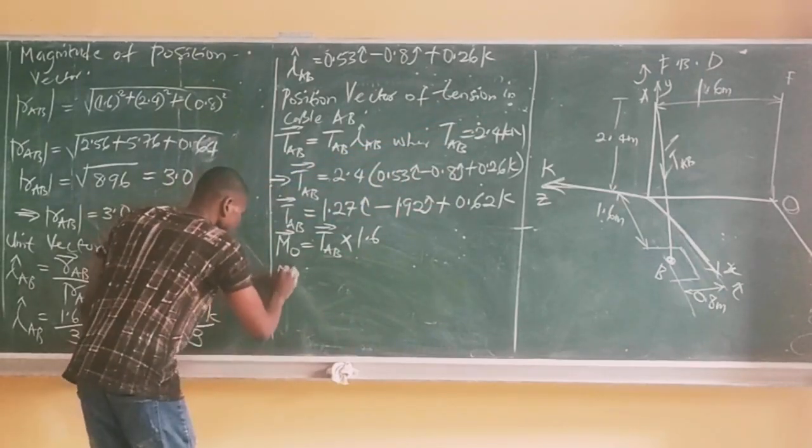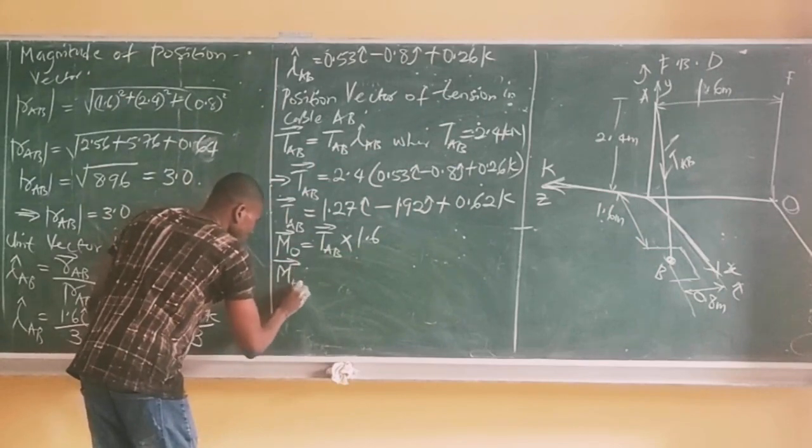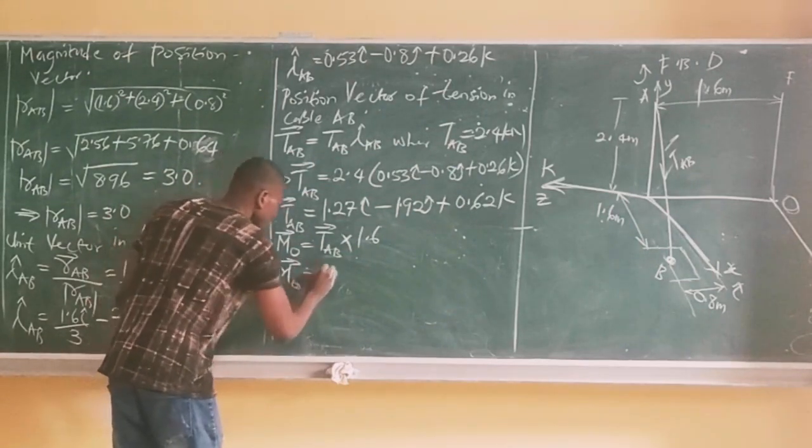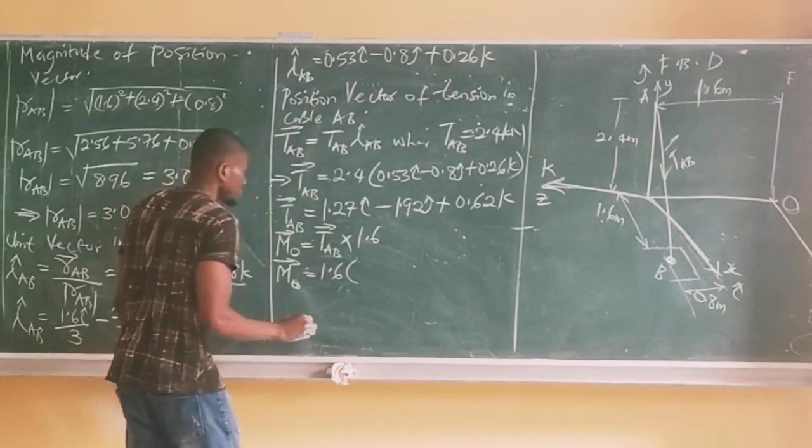So the moment about point O is now equal to 1.6 times the tension.